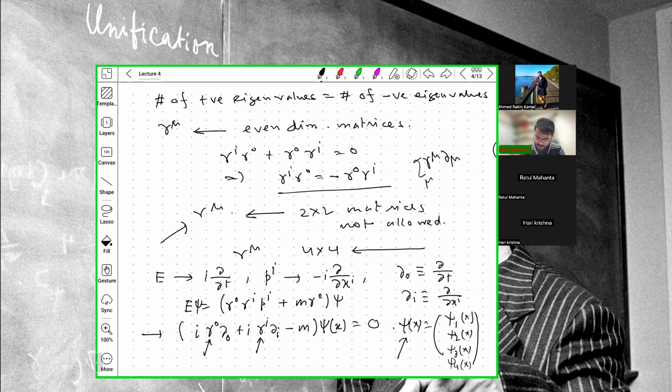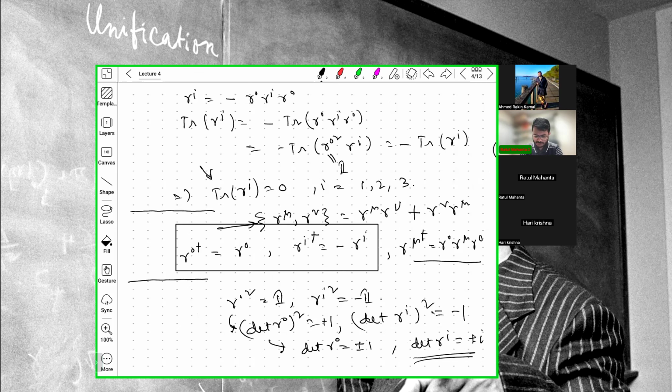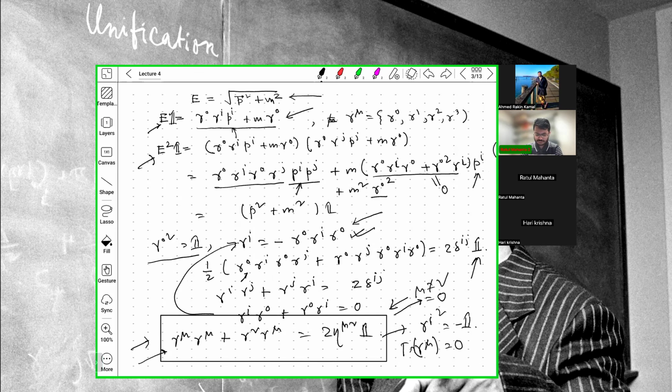Yes. That's why we have changed the notation for complex conjugates, I think, because gamma 0 complex conjugate is gamma 0, but gamma i complex conjugate is minus gamma i. I'm not talking about here, but after. I have defined here with p upper, not lower.